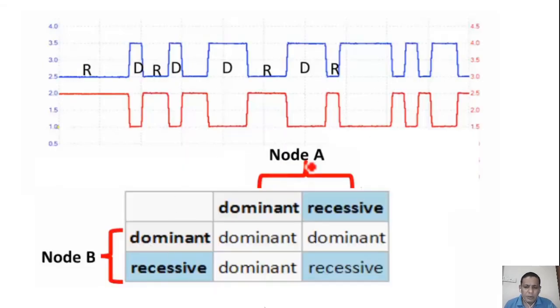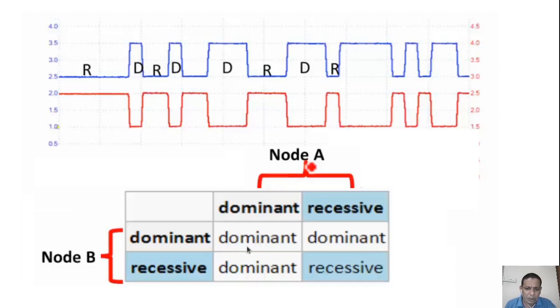Now we can see what will happen if node A and node B are trying to access the CAN bus. Suppose at time t equal to T1, node A is dominant, that is dominant means 0, and node B is also dominant.